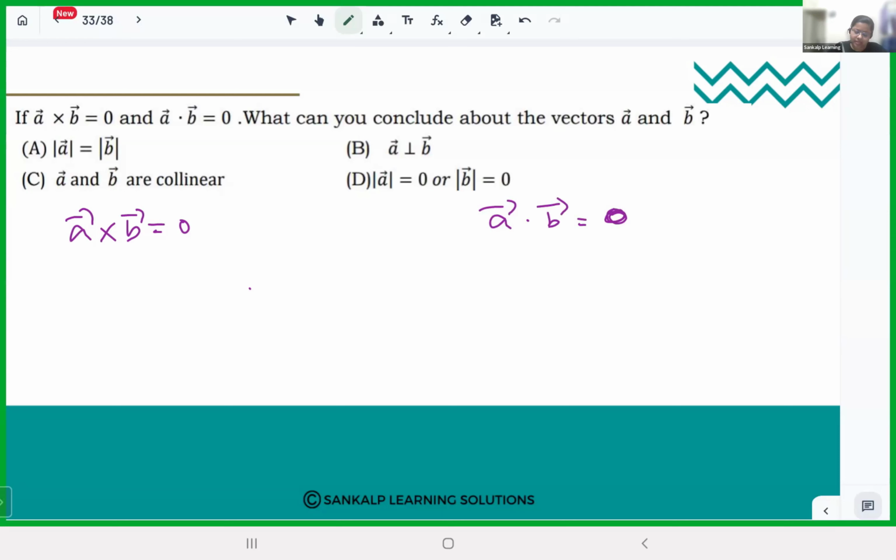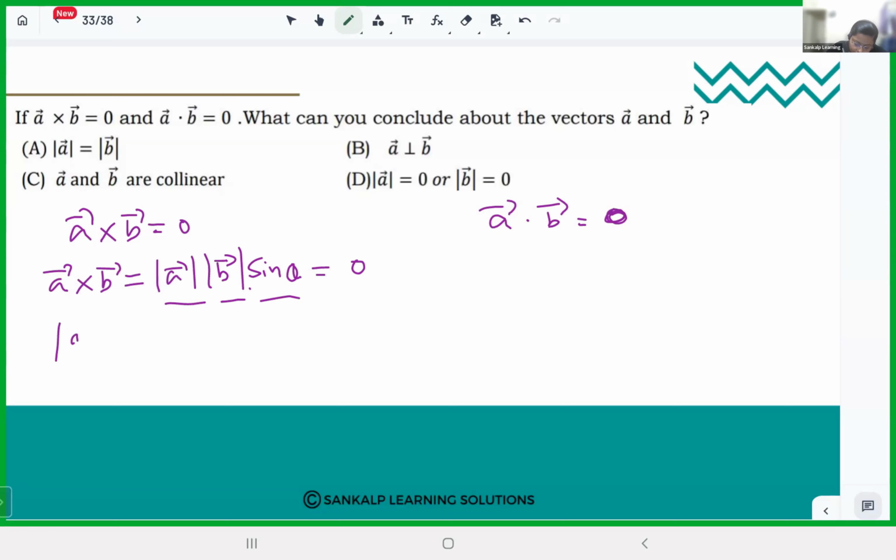Let's see. Since A cross B is equal to 0, we know A cross B is nothing but magnitude of A into magnitude of B into sine theta. So magnitude of A into magnitude of B into sine theta is equal to 0. Either magnitude of A can be 0, or B can be 0, or sine theta can be 0.